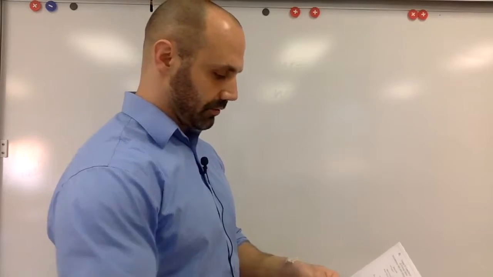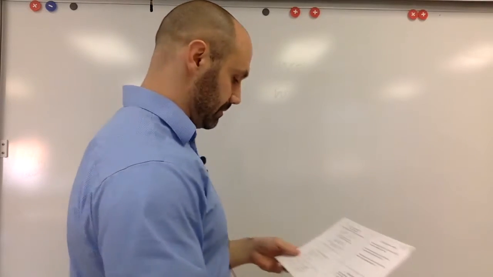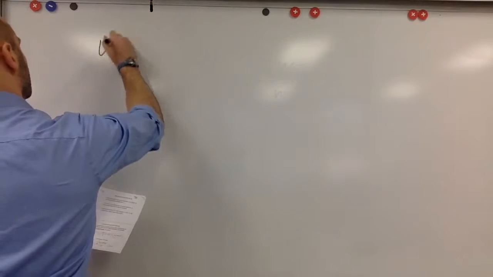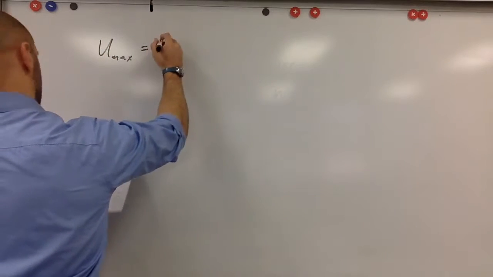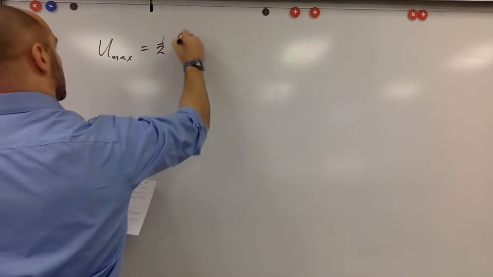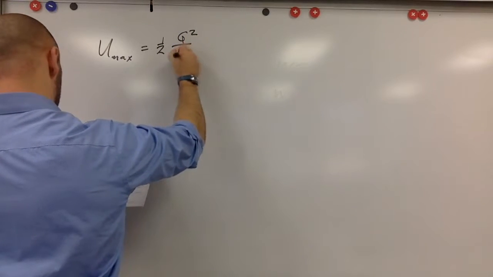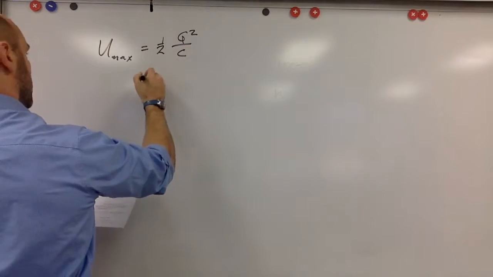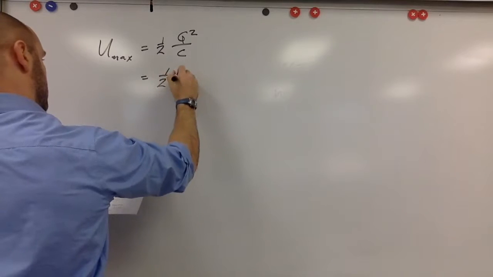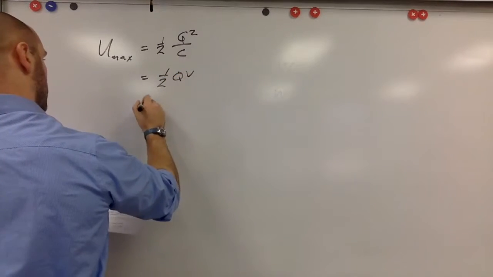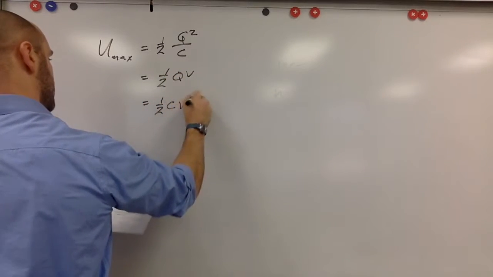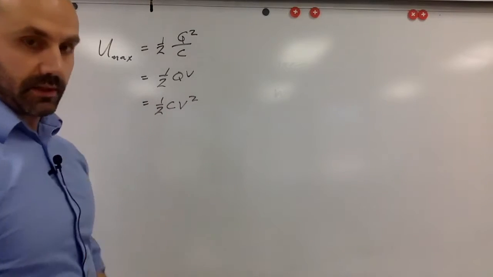You can work through that stuff if you want, but you don't have to reproduce that. Umax is 1/2 Q squared over C, or it's also equal to 1/2 QV, or it's equal to 1/2 CV squared. We get that just by substituting, right?